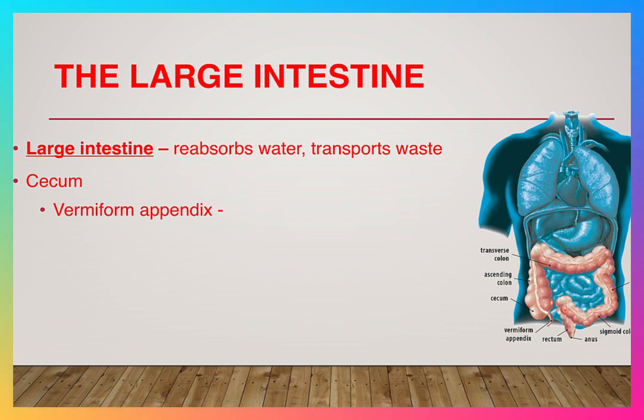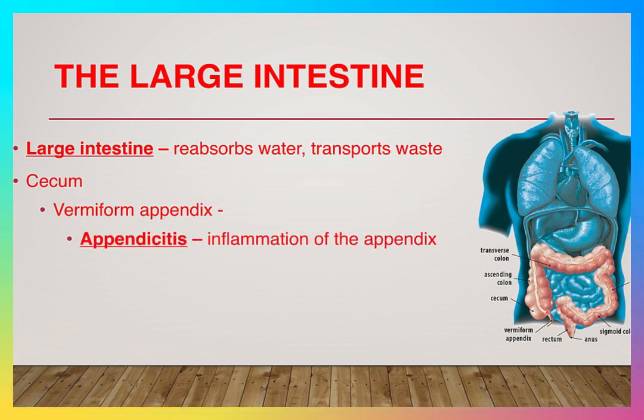At the cecum is the appendix. We've talked about vestigial organs, and the appendix is one of those organs that's thought to be a vestigial organ. And it can be occluded and inflamed, and inflammation, itis, inflammation of the appendix is called appendicitis.